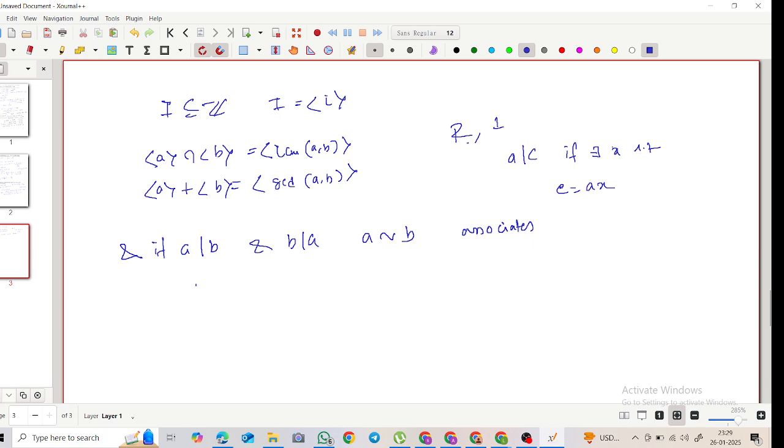So if B divides A, then B is of the form some A into Q, and if A divides B, then A is of the form some A into P into say B. So these two imply A into P times A into Q, right?